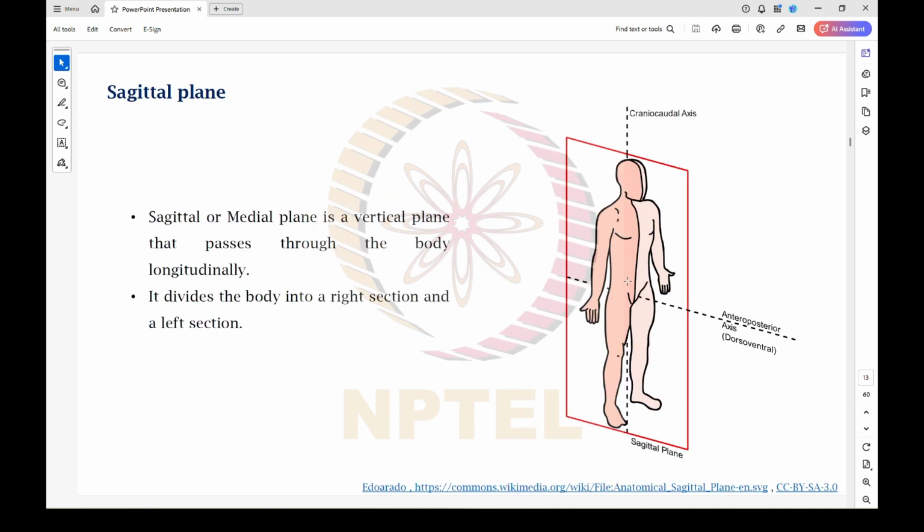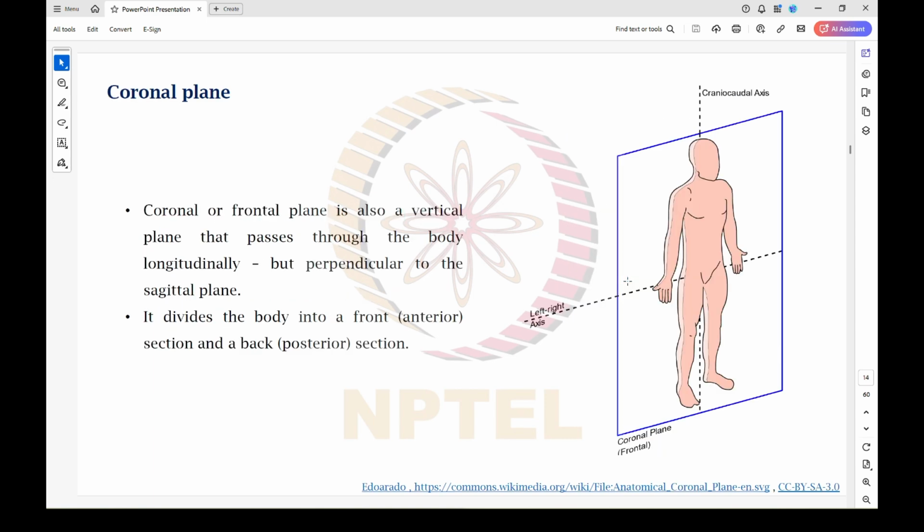Now the sagittal plane or the medial plane, which divides the body into left and right parts, passes through the anterior-posterior axis.